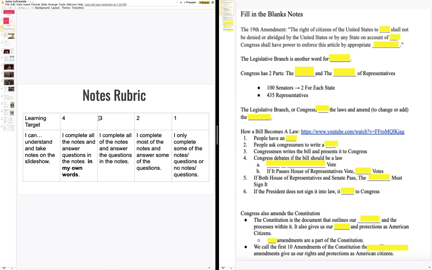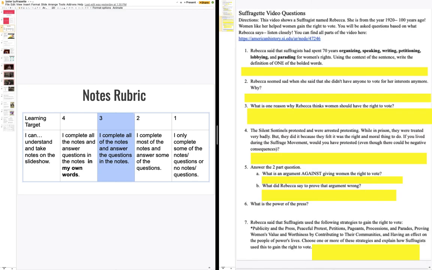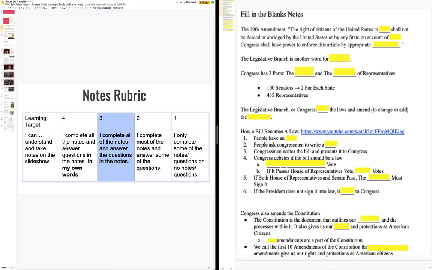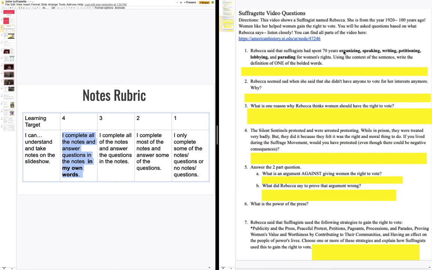For a 3, all you have to do is follow along with me and complete the notes and answer the questions. To get a 4, however, you need to answer these fill-in-the-blank notes and then do these questions in your own words.